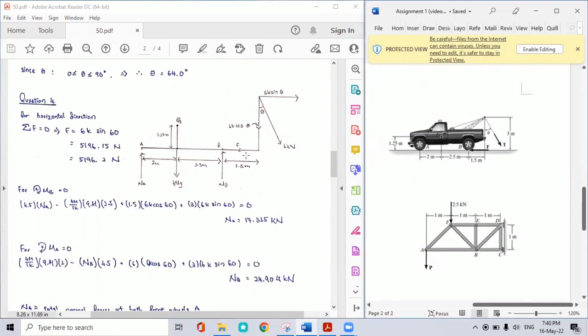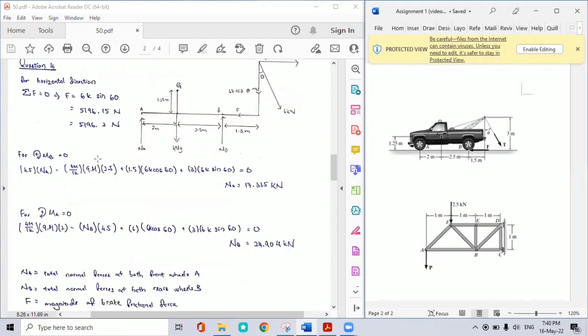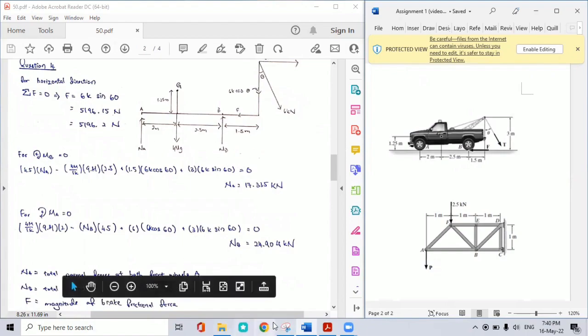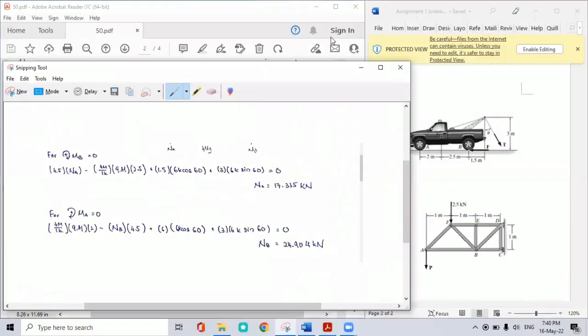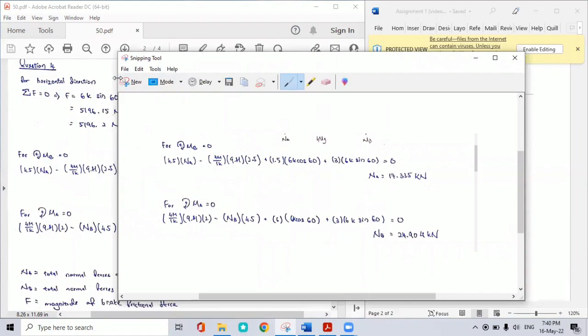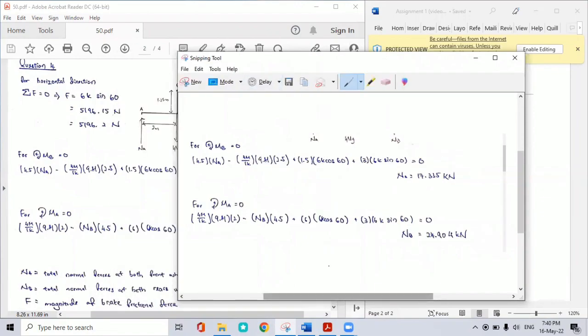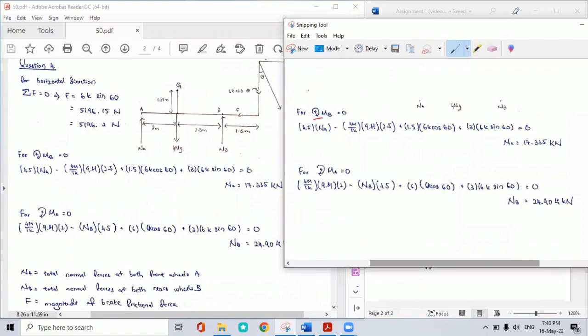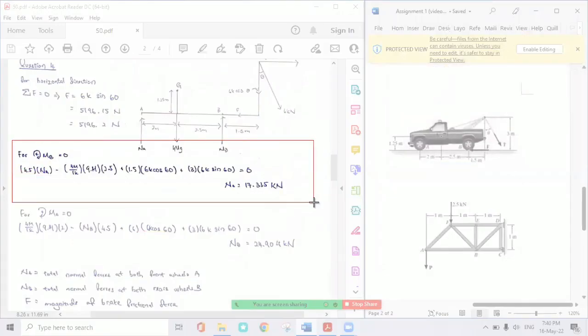Okay, so considering the moment at point B, which is wheel B, I want to declare something. I'm considering that if the direction is going clockwise, we will have positive values. If it's going anti-clockwise, we will have negative values. Yeah, this is the meaning of the symbols.